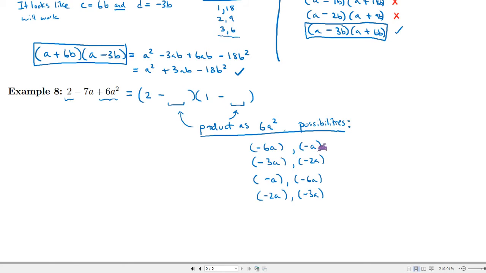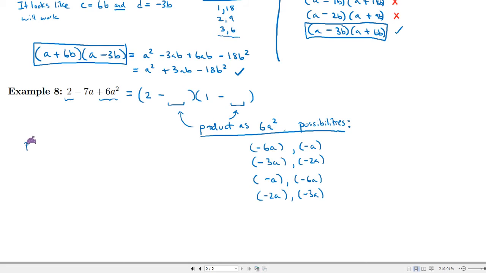Like negative 6a, negative a would be the same as negative a, negative 6a. But since we have to consider both possibilities, those give us distinct answers in the end. So those are the only possibilities, because the factors of 6 are 2 and 3. So the factors would be 1, 2, 3, and 6. Okay, and here are all the possibilities.